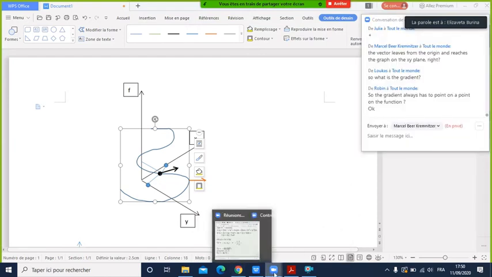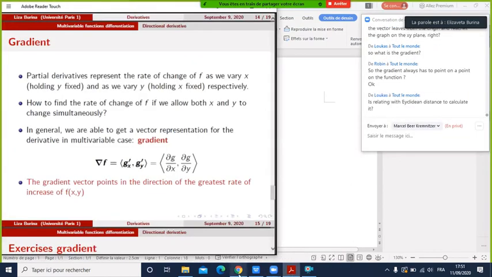Yes, perfect. So now, is it related to Euclidean distance to calculate it? No idea, being honest with you. If you explain to me what you mean by Euclidean distance, I can maybe tell you, and you can unmute.